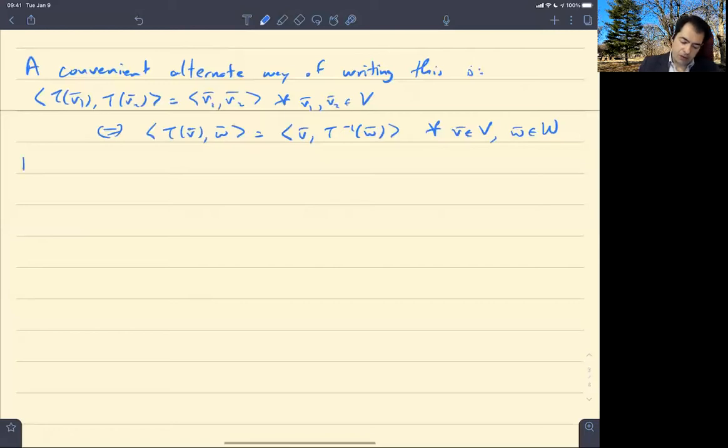Let's check that these are equivalent. Right, so we have to check both directions.